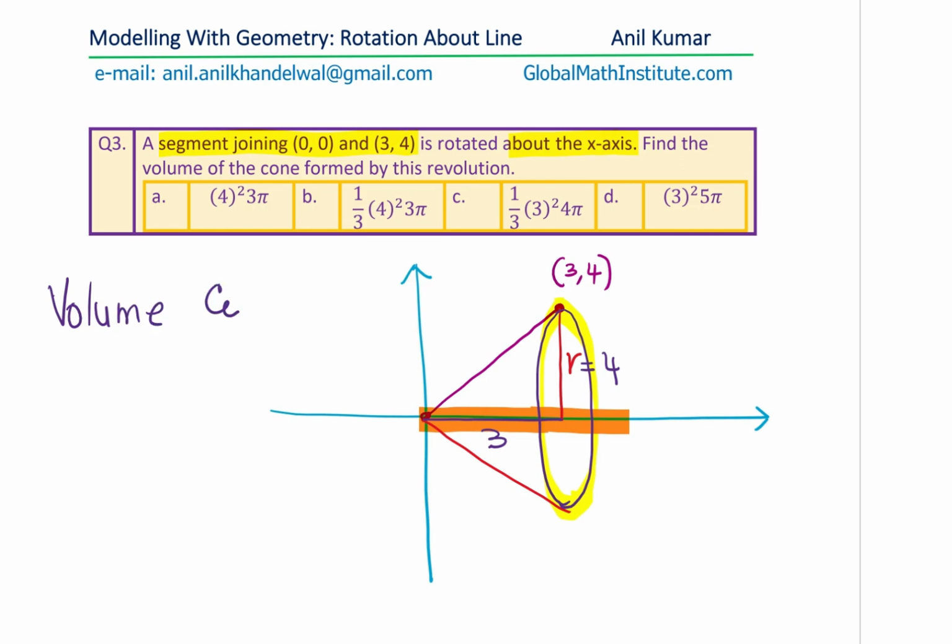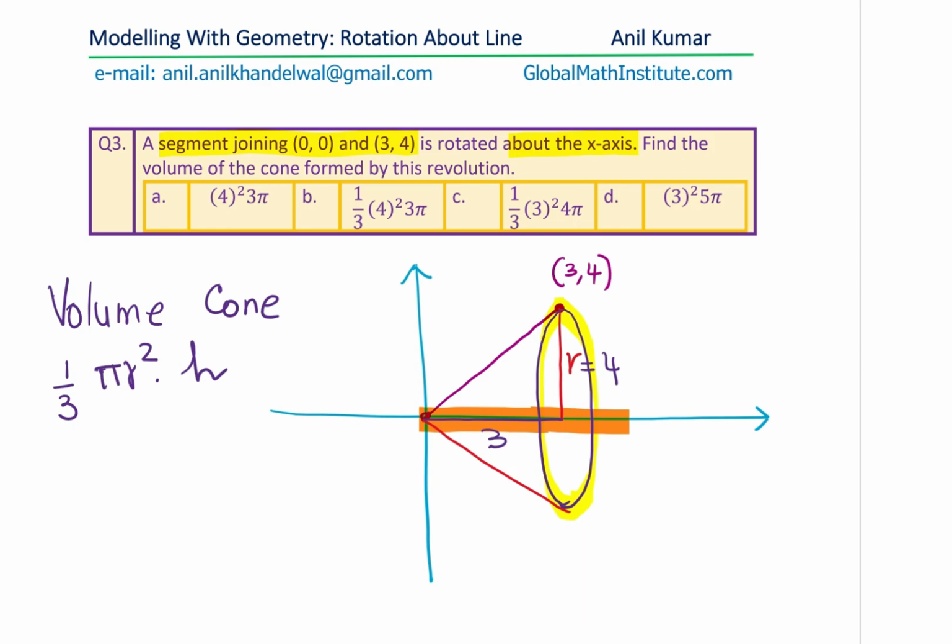Volume of the cone is 1/3 of the area of the base, which is pi r square, a circle, times height. Remember, in a cylinder, 3 cones will fit in.